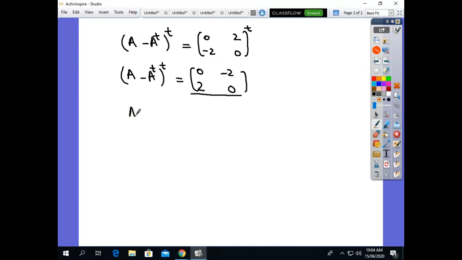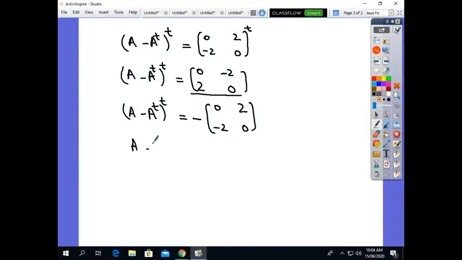That's why we're taking the negative sign common from the matrix. It becomes 0. Negative 2 becomes positive 2, positive 2 becomes negative 2, and 0 is again 0.